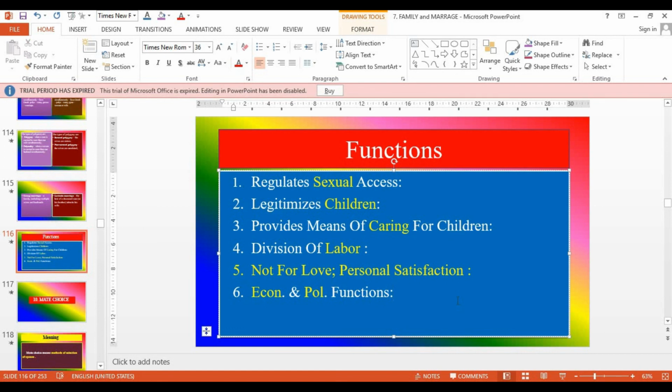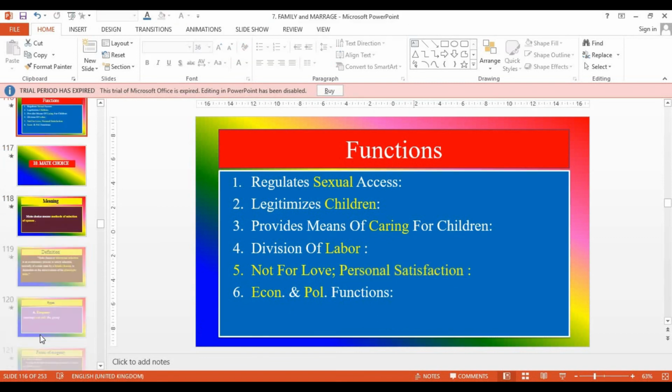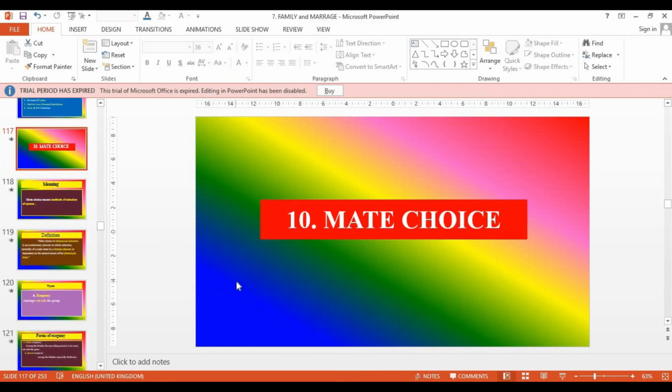So these are the important functions of marriage. First, sexual. Second, children. Third, caregiving. Fourth, division of labor. Next, not only for love but personal satisfaction and biological need fulfillment. Then economic and political function. Then mate choice, which we will learn in the next class.